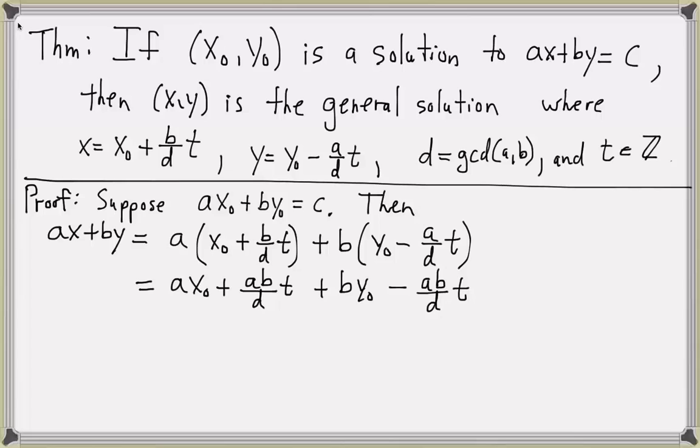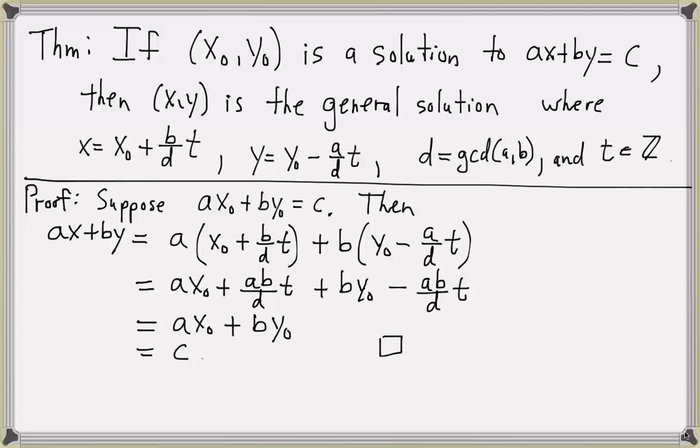These two terms involving t cancel, and I'm left with a times x0 plus b times y0, which we assumed was a solution, so this equals c. So I've verified that this ordered pair (x, y) is a solution to ax plus by equals c for any integer t.